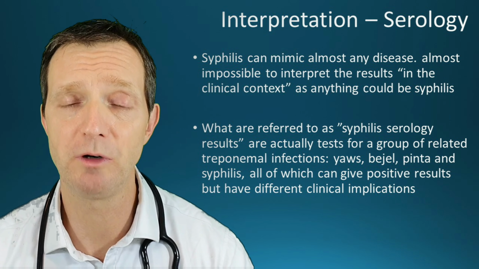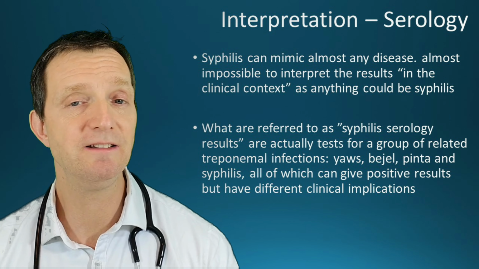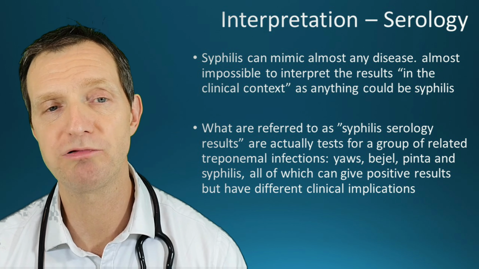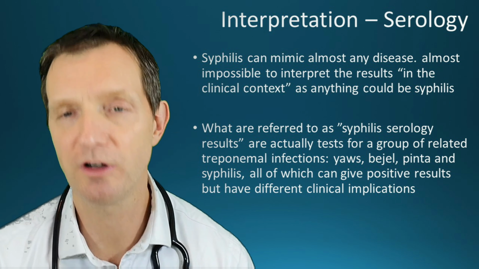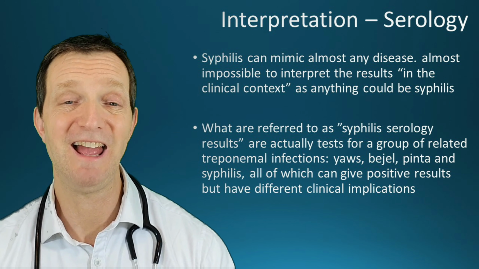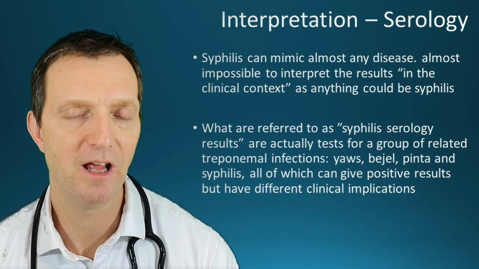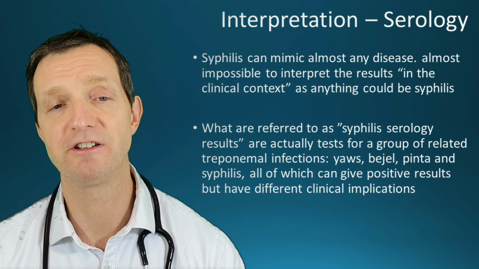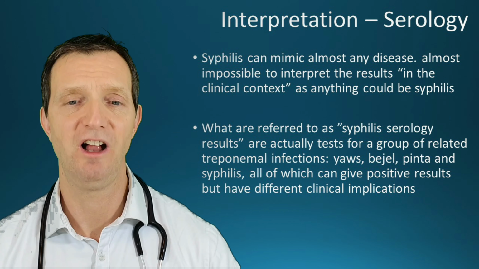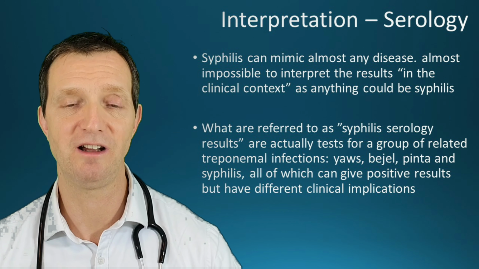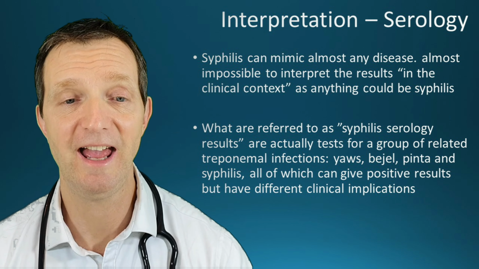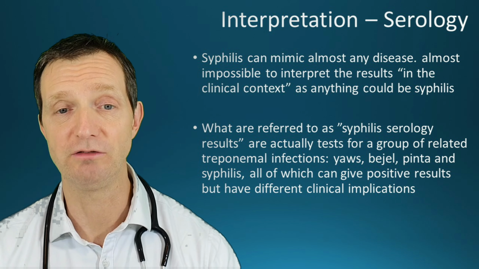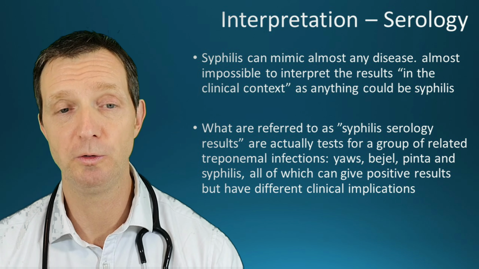There's also other problems as well. Syphilis can mimic almost any disease, and it's impossible to interpret the results in terms of a clinical context, as theoretically anything could be syphilis. And what is referred to as syphilis serology tests are actually tests that are aimed at testing any treponemal infection. It could be yaws, bejel or pinta.